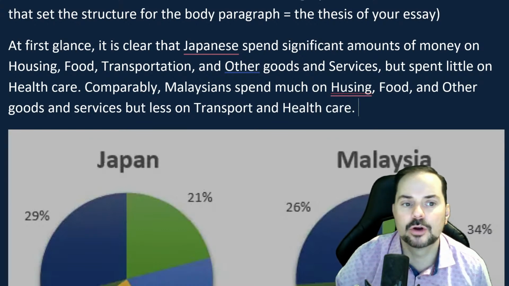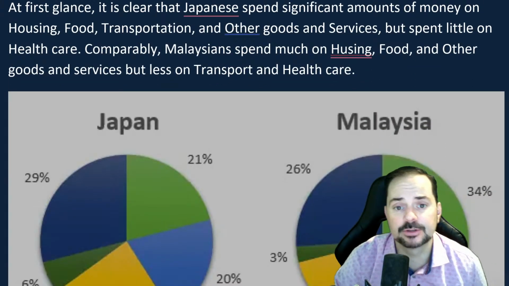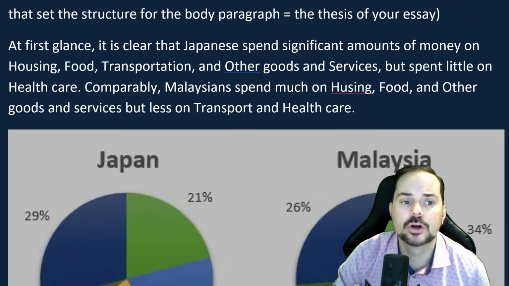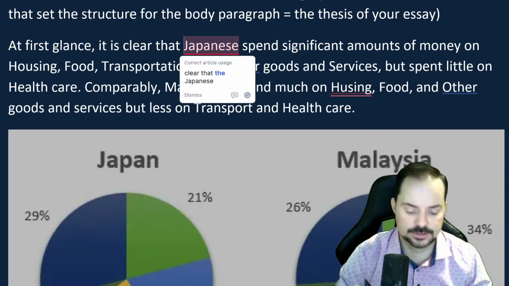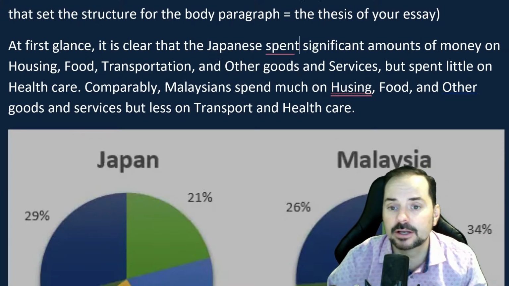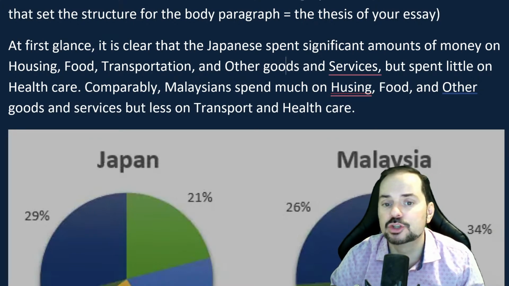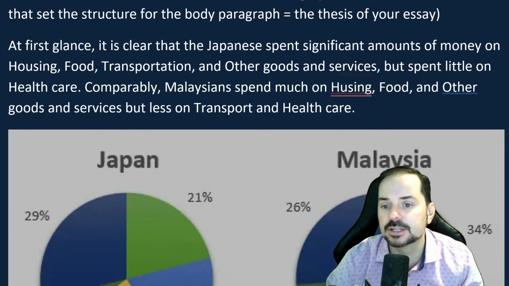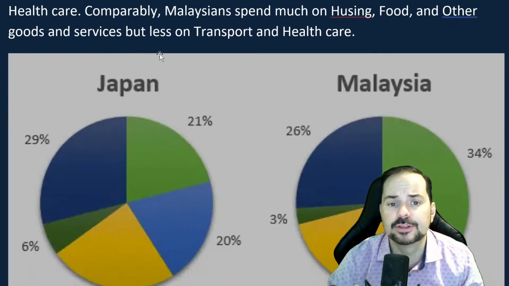Okay, so that would be my overview. And then I would review it for accuracy and spelling. So at first glance, it is clear that the Japanese spent significant amounts of money on housing, food, transportation, and other goods and services, but spent little on healthcare.